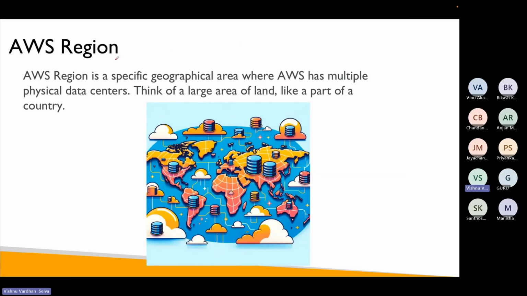So in simple terms again, an AWS region is a specific geographical area where AWS has multiple physical data centers. For example, let's take the Mumbai region. When I say Mumbai region, AWS will not keep only one data center.